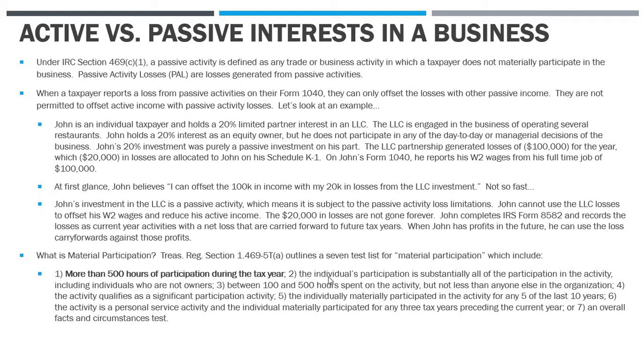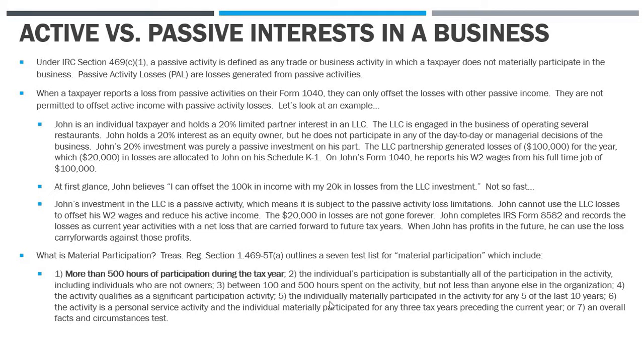Okay, so the second one, let's just go on down the list here. The individual's participation is substantially all the participation in the activity, including individuals who are not owners. This is the second most common. So if you have an individual, let's say they're not at 500 hours, let's say they only spent 30 hours a year working on the business.